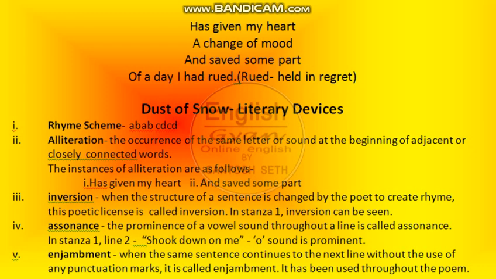And we have one more figure of speech, enjambment. When the same sentence continues to the next line without the use of any punctuation mark, it is called enjambment. It has been used throughout the poem. So I hope you have understood the poem.